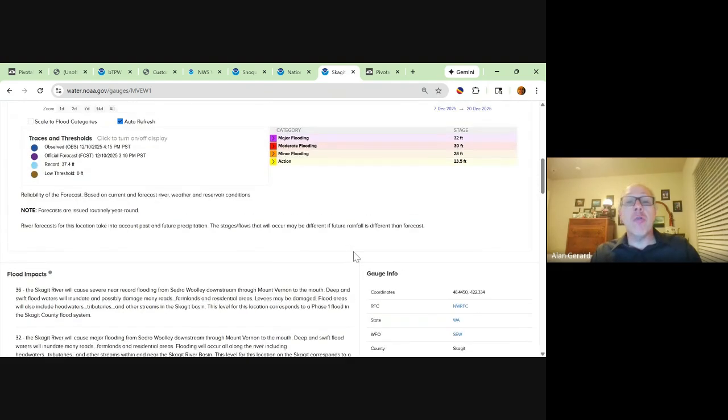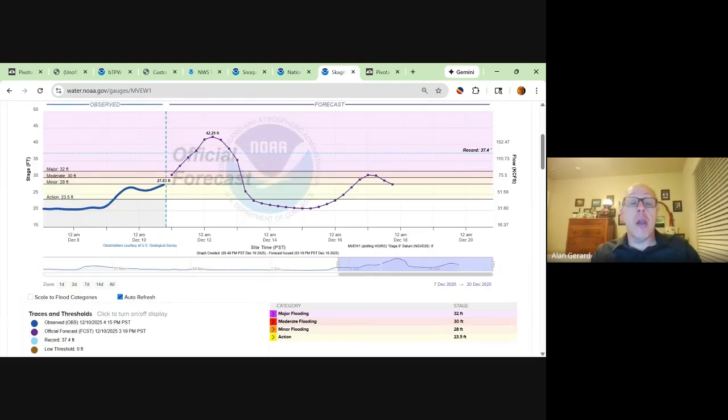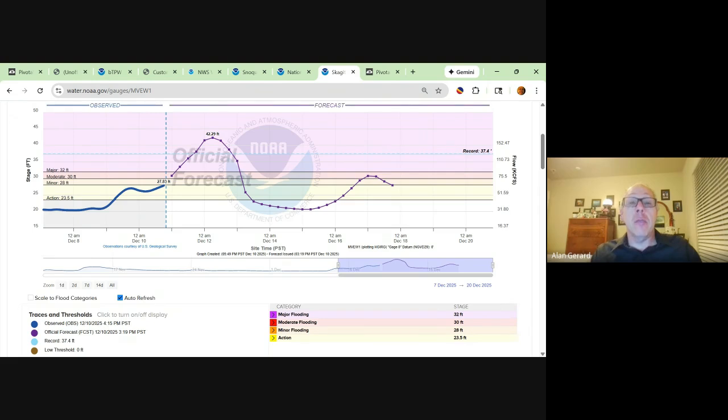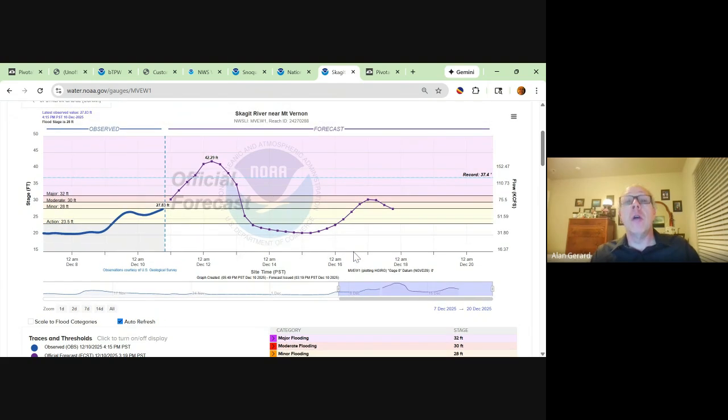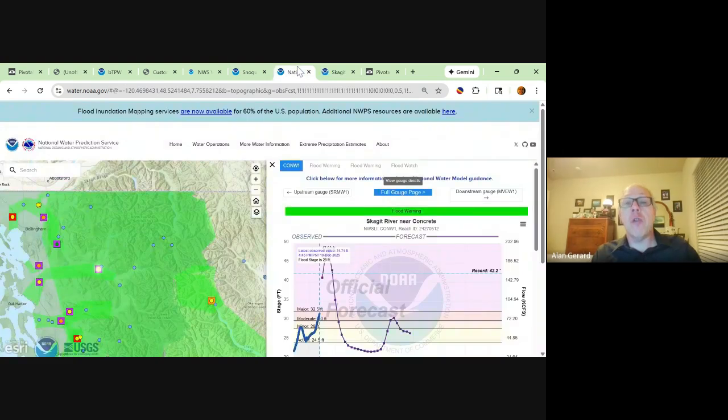So this is really just an incredibly impressive, historic, dangerous flood on this river. And again, the Snoqualmie is seeing near record flooding. The Skagit potentially seeing well above record flooding.